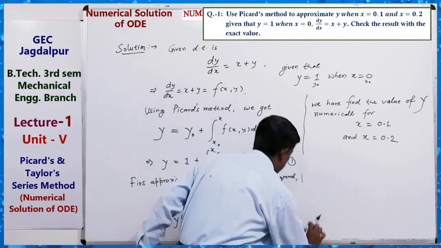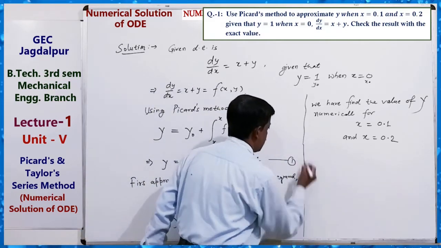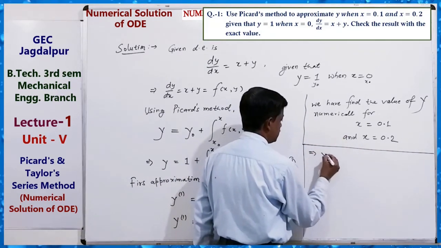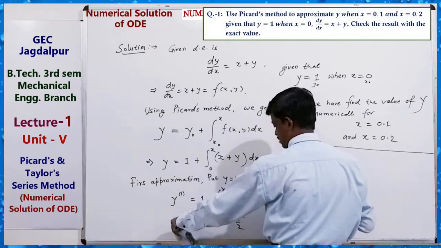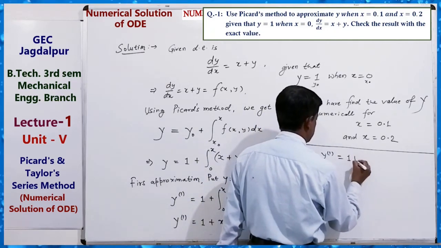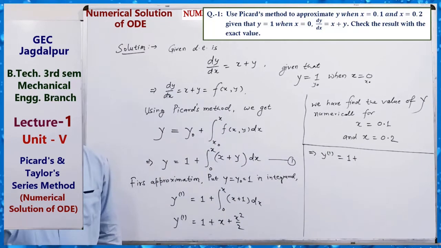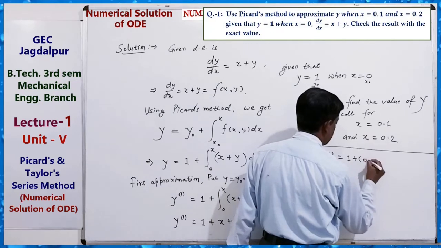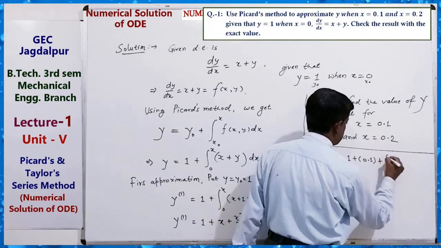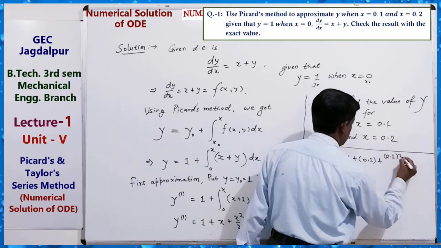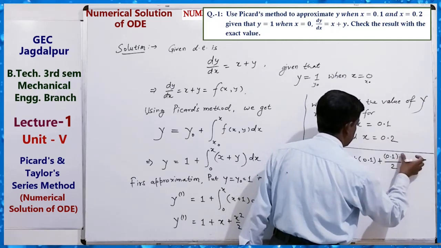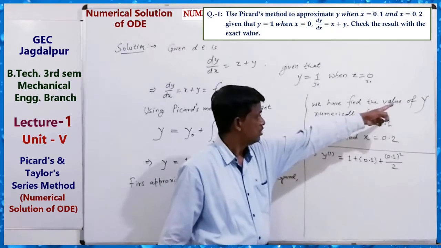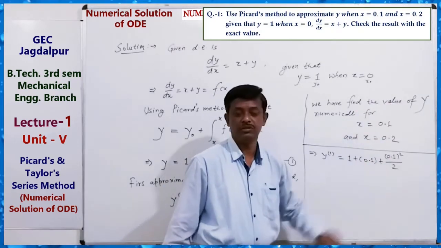Here the first approximation equals 1 plus, now x equals 0.1, so here 0.1 plus 0.1 square by 2, because we have to find the value of y at x equal to this, x equal to this.